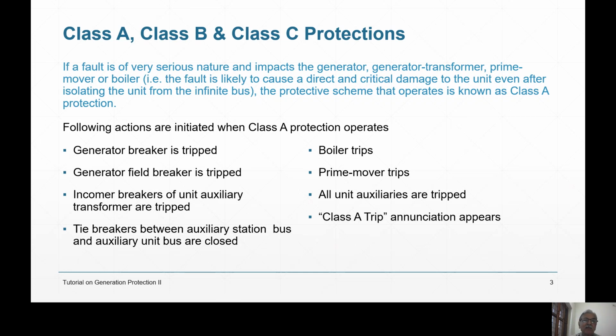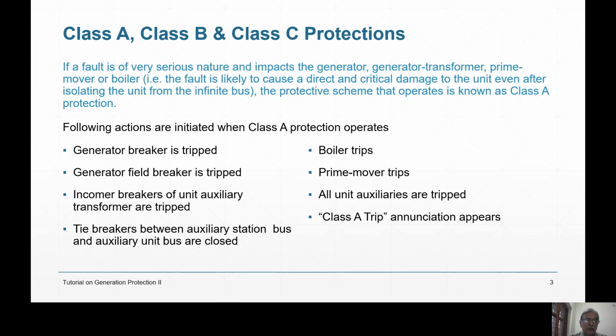class C. This is very important for generator because mostly 59% of generation in the world, or maybe in India, I don't know exactly, is coal-fired, that is, generation by coal-fired boilers and steam turbines.